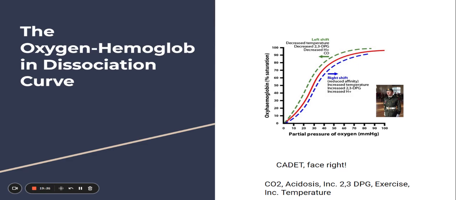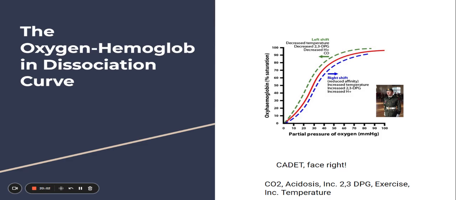Now, to the left, there'll be an increased affinity. So right shift, reduced affinity; left shift, increased affinity, meaning the hemoglobin will hold on to the oxygen more tightly. Of course, there's a regular balance in our red line, our red sigmoid at the baseline.